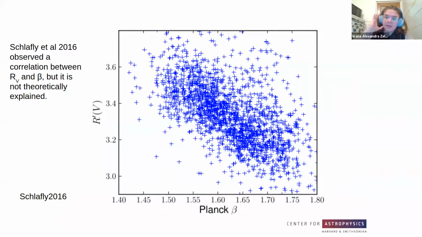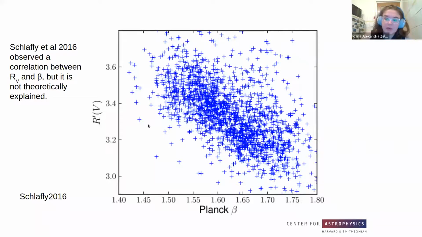So to get at this problem, I used a result that was published in 2016 observationally that showed that there exists an anti-correlation between the RV parameter, which is an extinction parameter, and the beta parameter from the emission of the dust. So this anti-correlation was unexplained.